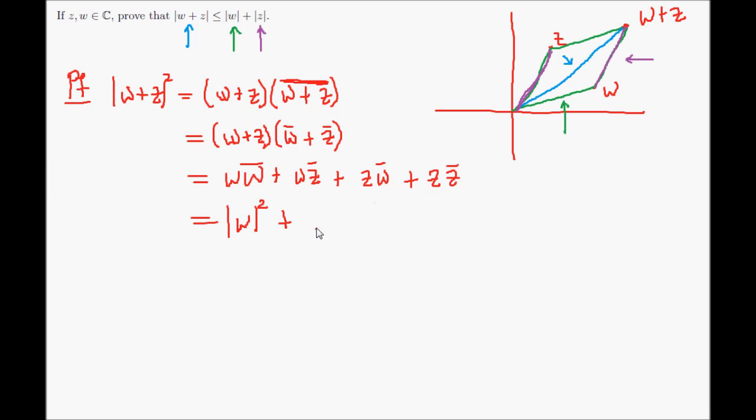The middle part is w times z conjugate plus this other part, which can be written as w times z conjugate, whole thing conjugate. The reason that's true is because of our rule for multiplication: if I have a product conjugated, then I get w conjugate times z conjugate conjugate. And if I take a complex number and conjugate it twice, I get the original number back. Plus, over here, I get absolute value of z squared.